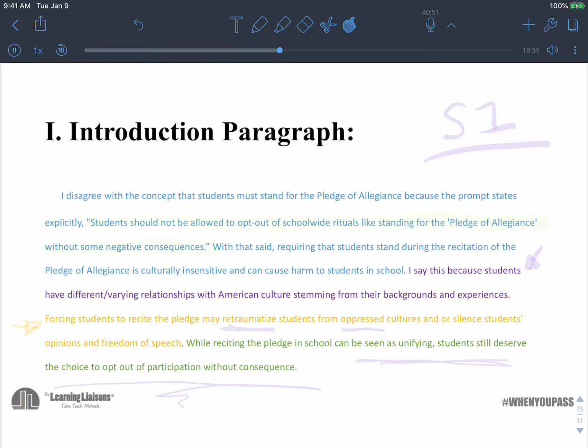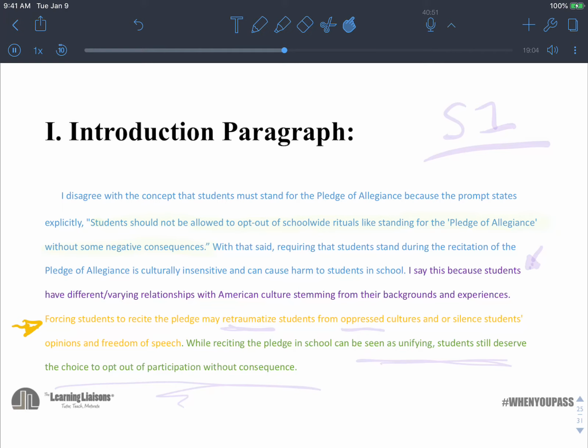So moving on to yellow, subpoint 2, you have to think of ways to break up your topic within your thesis statement so that it's organized and logical. And this further backs up what we already said, but it also can stand alone. It says, forcing students to recite the pledge may re-traumatize students from oppressed cultures or silence students' opinions and freedom of speech.